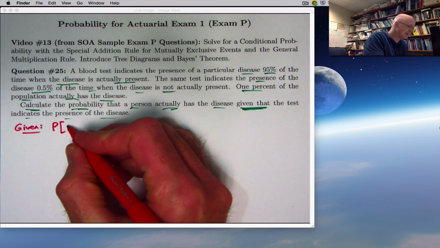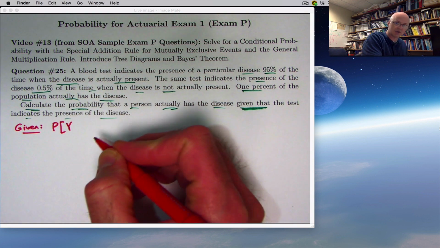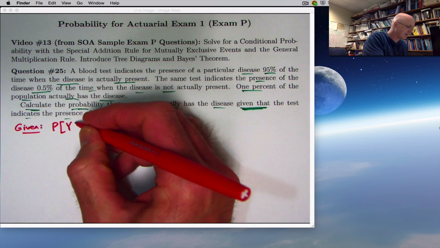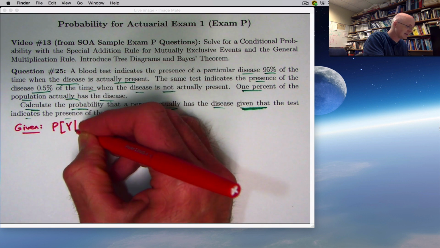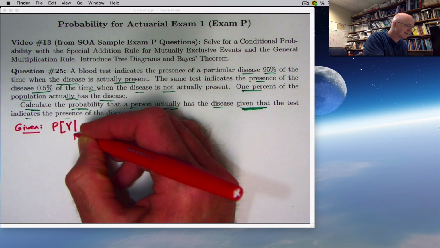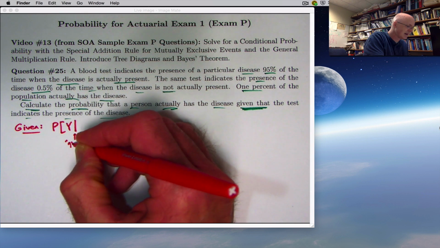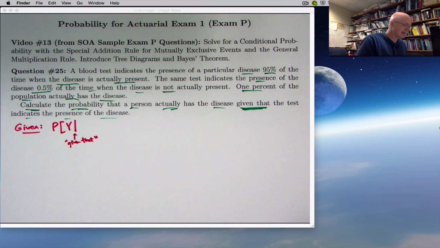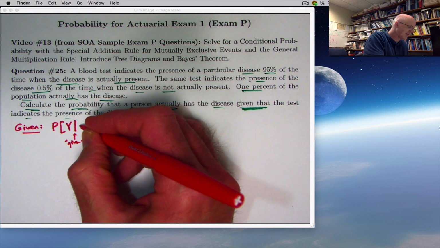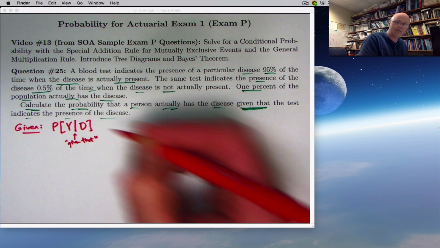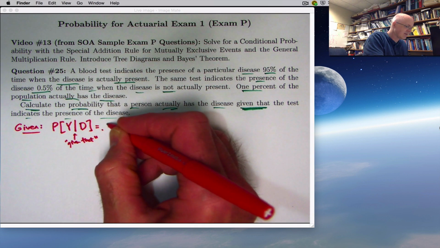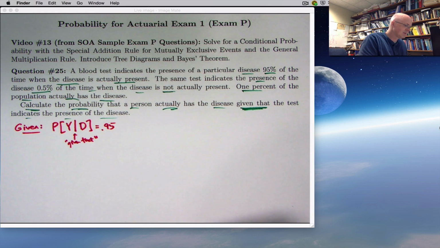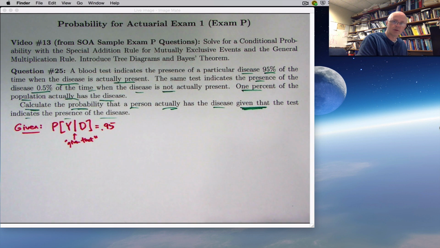Yes, they have the disease in 95% of those situations. The probability of the test coming back positive, yes, you have the disease, when it is given that, this vertical line means given that, or known that. If it is given that they have the disease, let's call the disease D, that's 0.95. So that's one piece of given information in the problem itself.